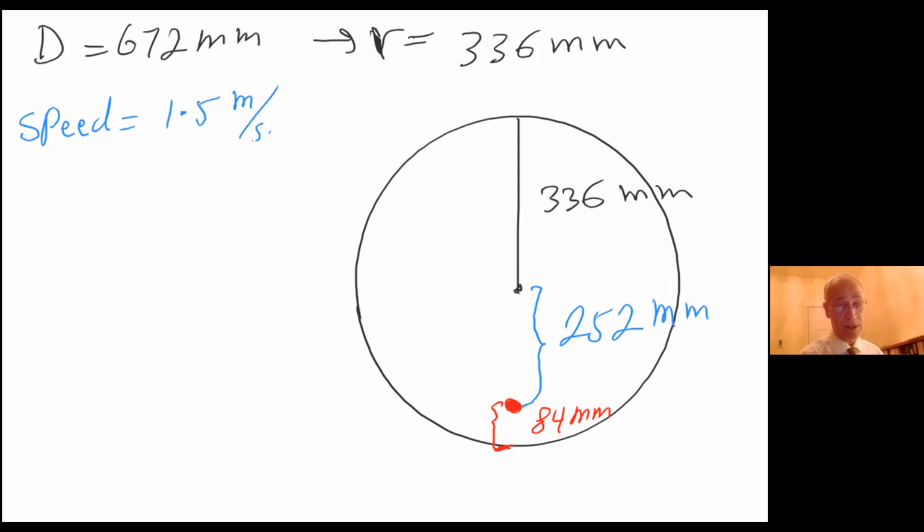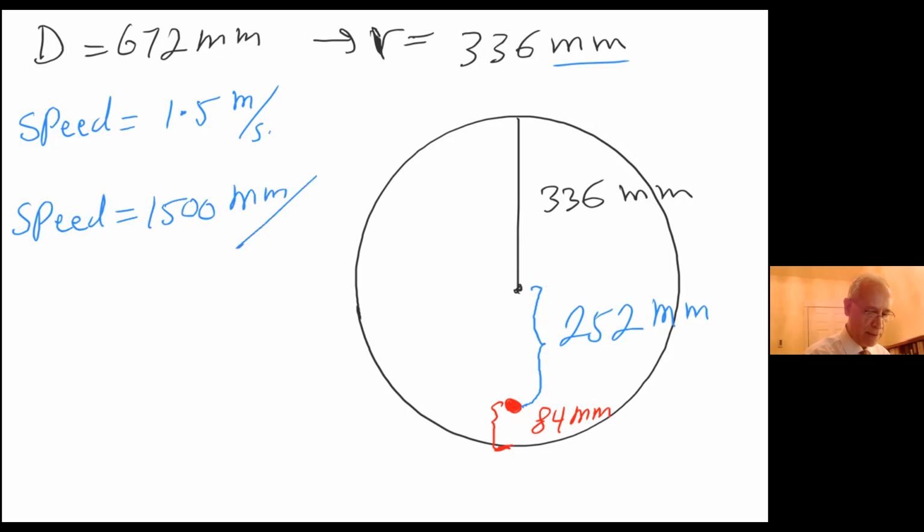We don't like that because we don't want to have two different units. So let's multiply that by 1,000 and say that speed equals 1,500 millimeters per second. Okay. Well, since the reflector is at its lowest in the beginning at time equals 0, I'm going to use the cosine function.